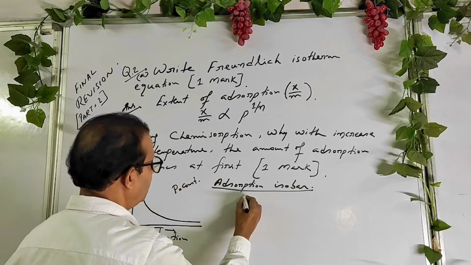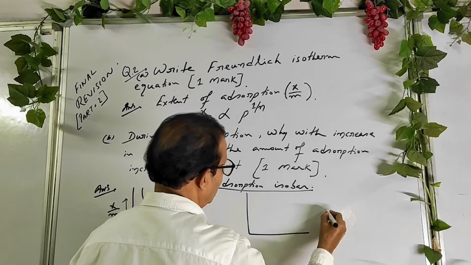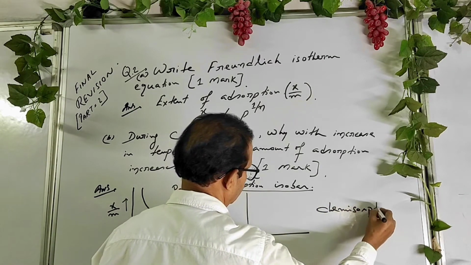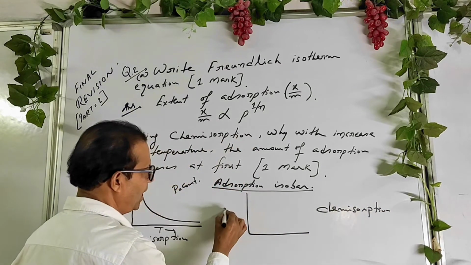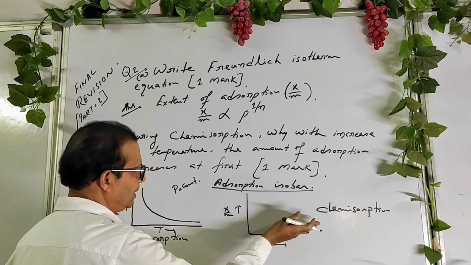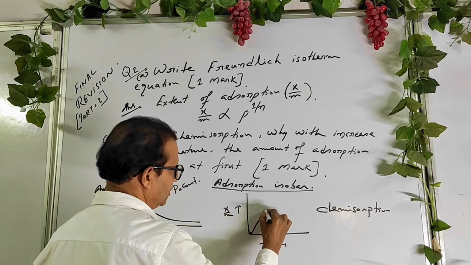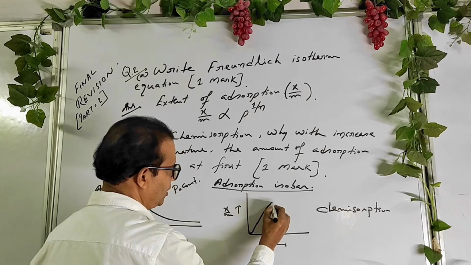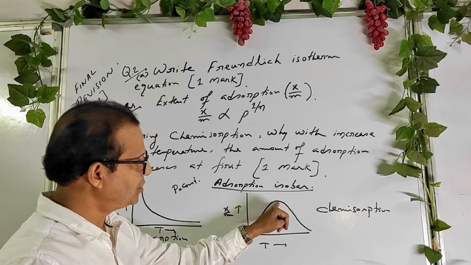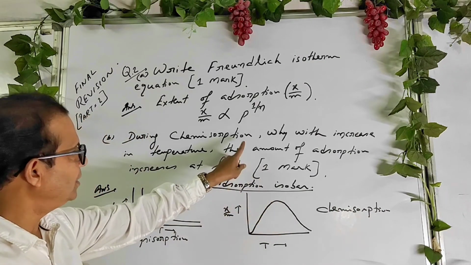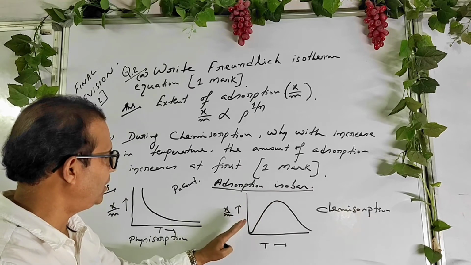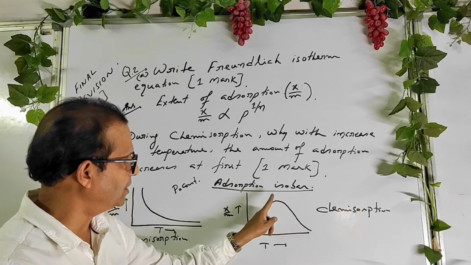But if you draw the graph for chemisorption, it has been seen that with increase in temperature, at first the amount of adsorption increases and then starts to decrease.